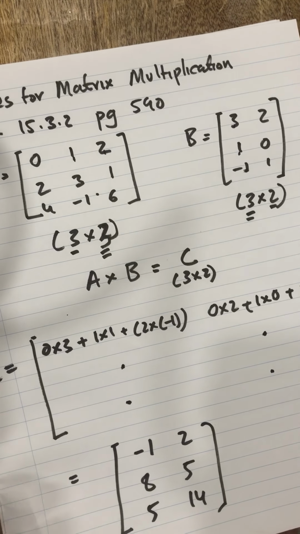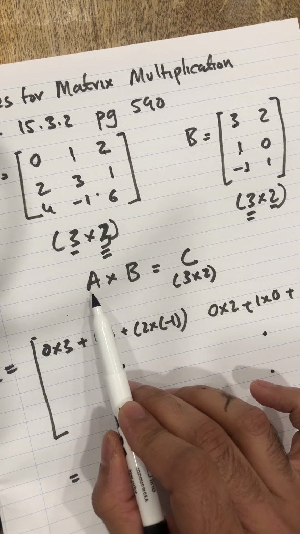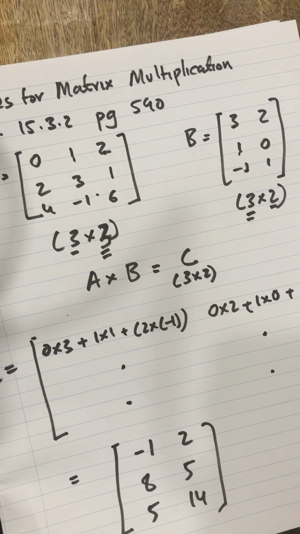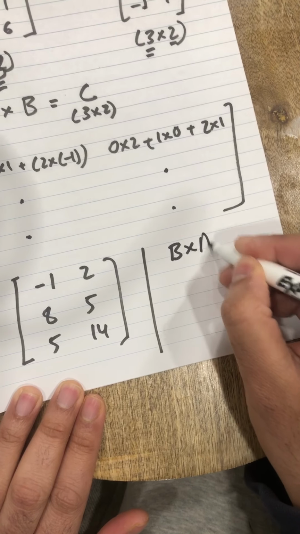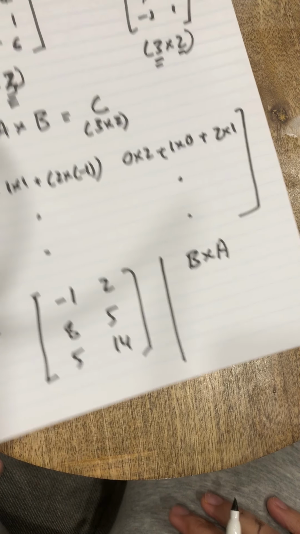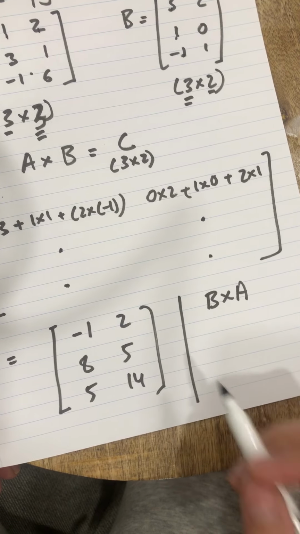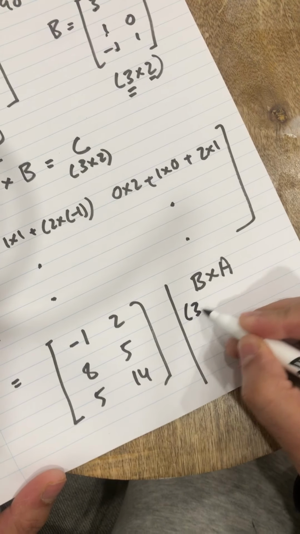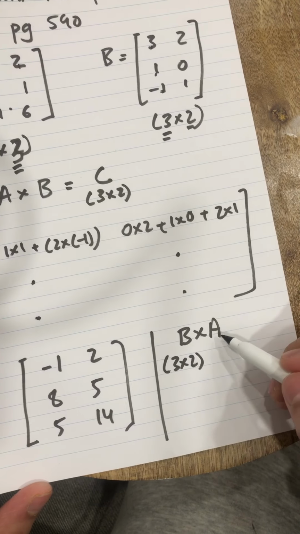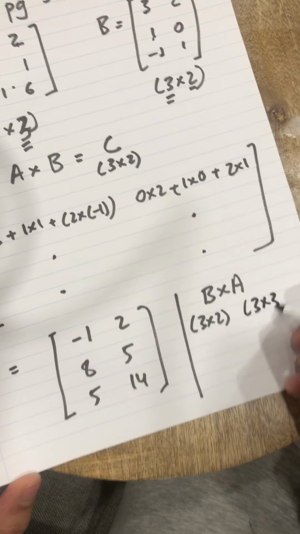Essentially, what I wanted to show you is that we can do this multiplication of matrix A into B. But suppose they wanted you to find the multiplication of B into A. Notice that your B was a 3 into 2 matrix, and your A is a 3 into 3 matrix.